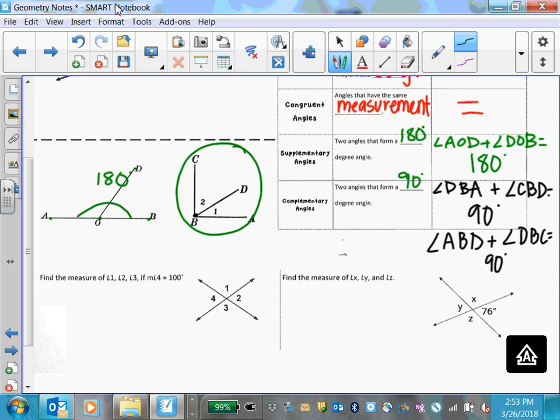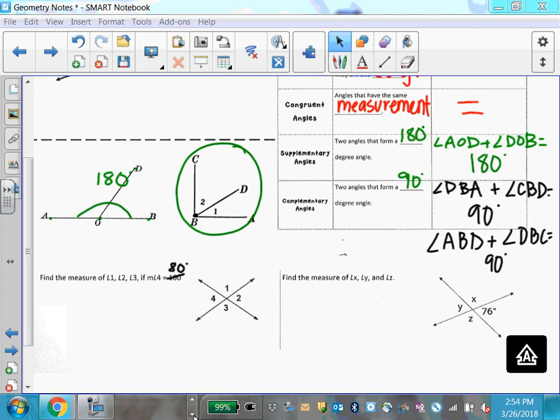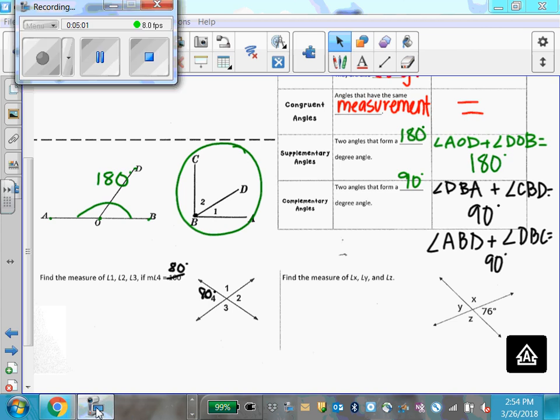I want you all to try these two at the bottom, except where it says 100, make it 80. Figure out angles 1, 2, 3, and 4, and angles X, Y, and Z. I'll walk around and help, but I just want you to try it. First, put an 80 here. If you know that's 80, you should be able to find another one that's 80. There are multiple ways to figure this out. I choose the 180 route; some of you like the 360, which is fine.